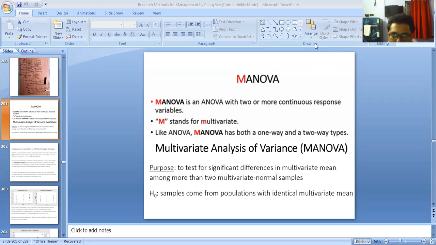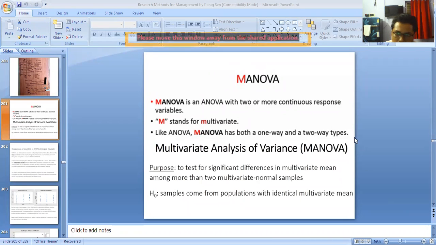Why? Because you have seen that in one-way ANOVA there is one dependent variable and one independent variable.